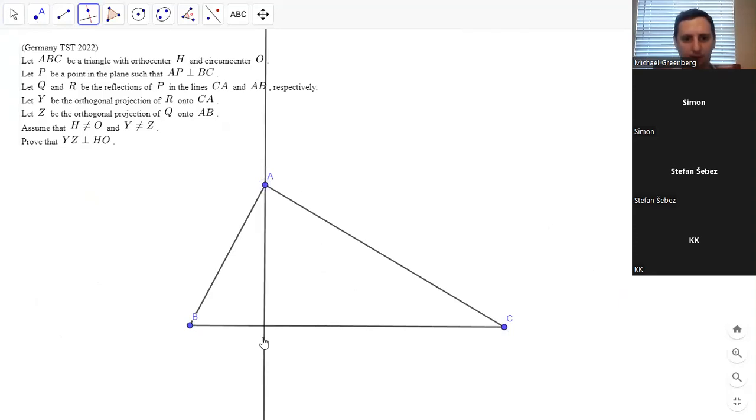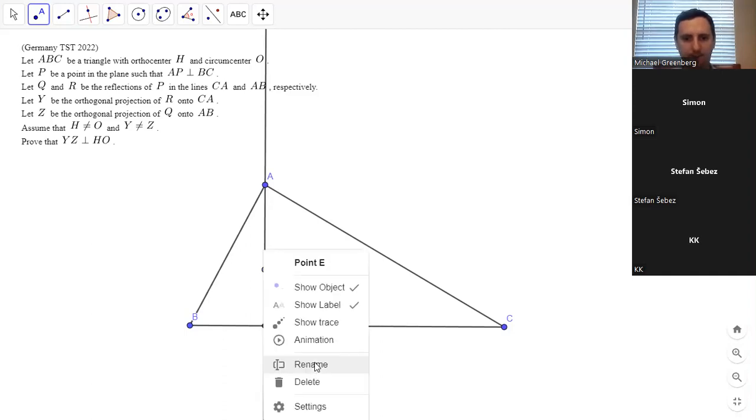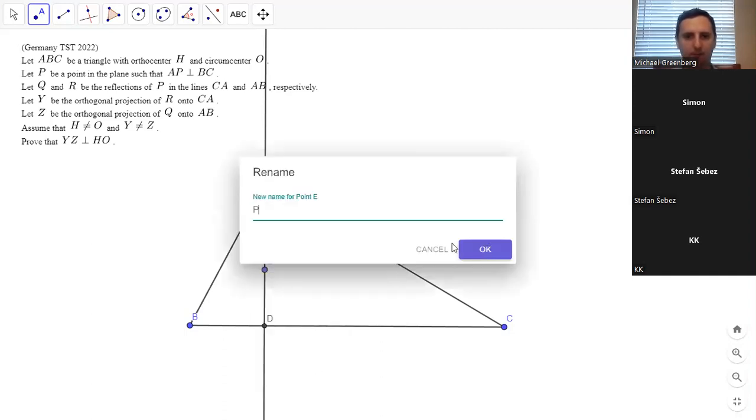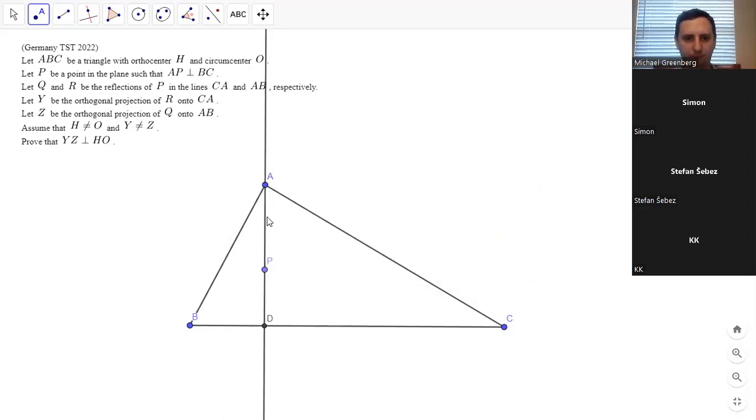I'll let D be the foot of the altitude, and P is just any point on this. And Q and R are the reflections of P in CA and CB.